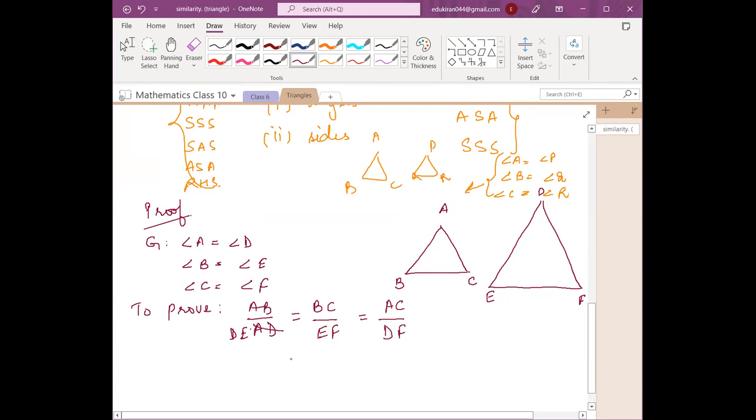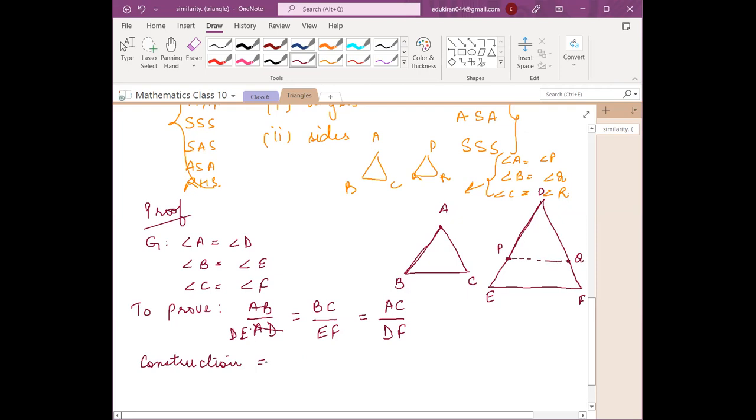So we will do one construction here. The construction is that the length of AB, we will use this length here and we will make a point. Let this point be P, and similarly AC length we will cut here. Let this point be Q, and then we join PQ.